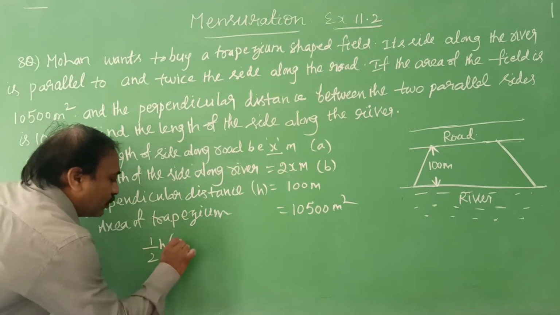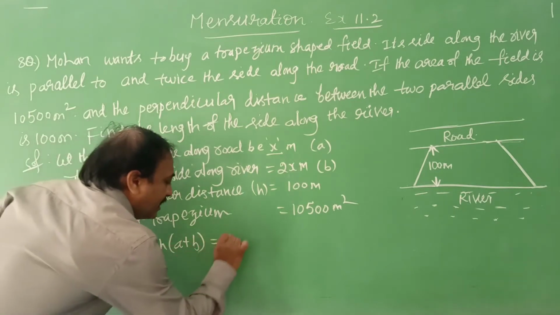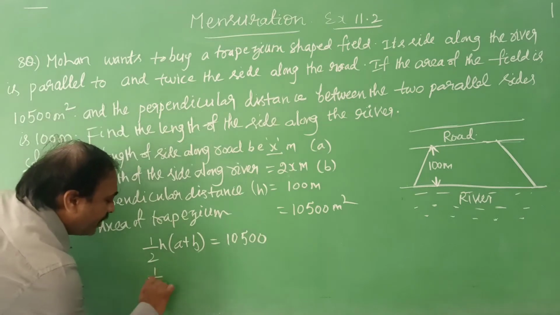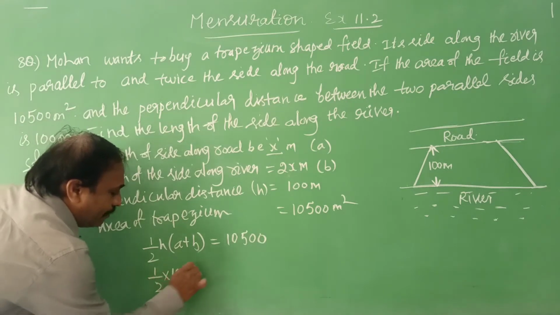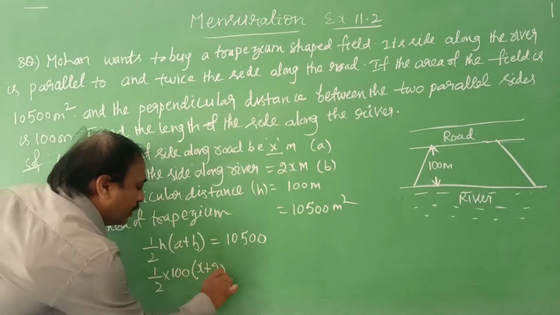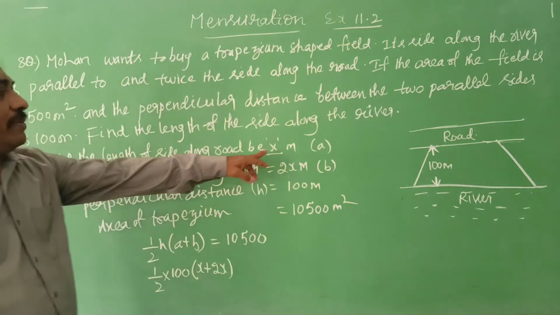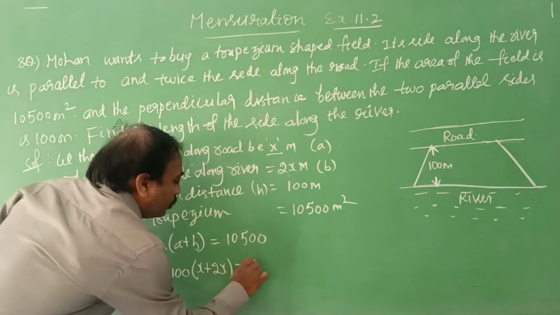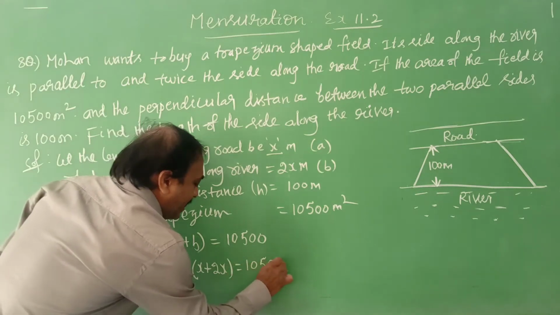The formula is half H into A plus B is equal to 10,500. Half H, that is 100, into x plus 2x, because the parallel sides we are assuming one as x and another as 2x, is equal to 10,500.